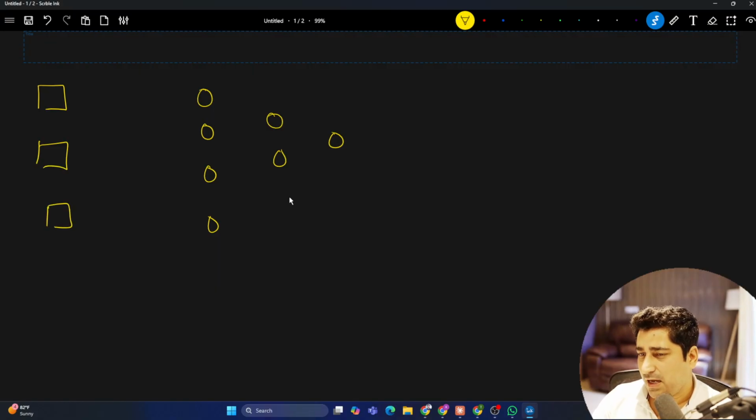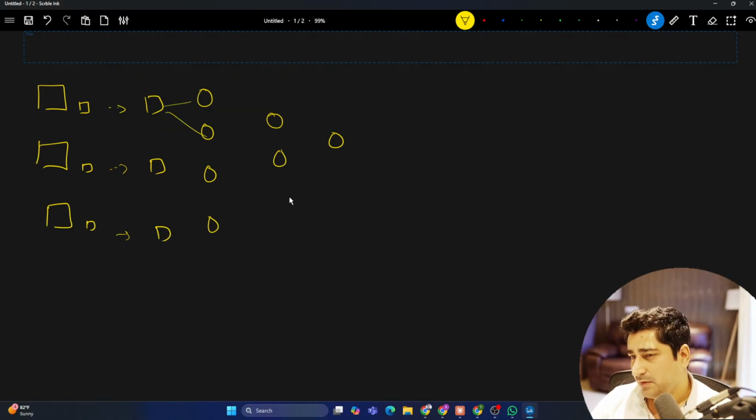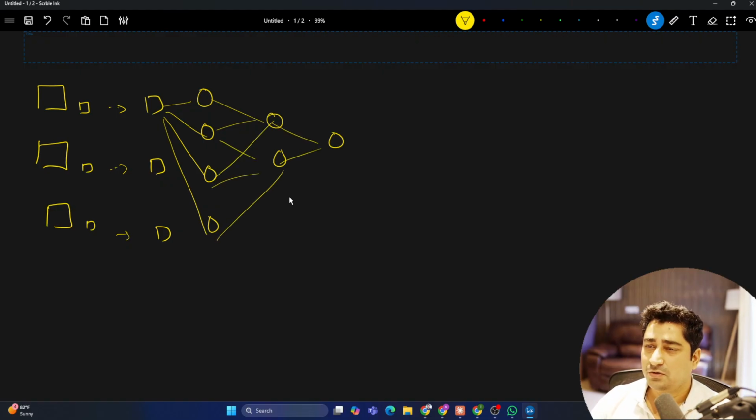Let's suppose we perform a convolution on this image and extract the feature, and then sequentially build the next one, and the next one, and then we send that data into the feed forward.